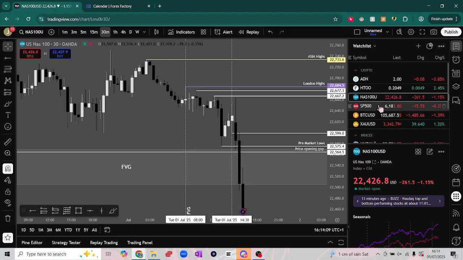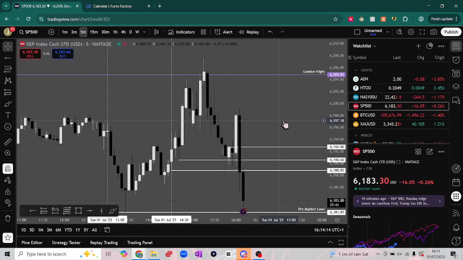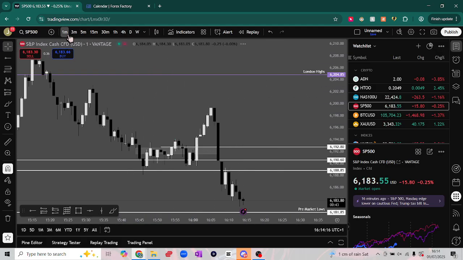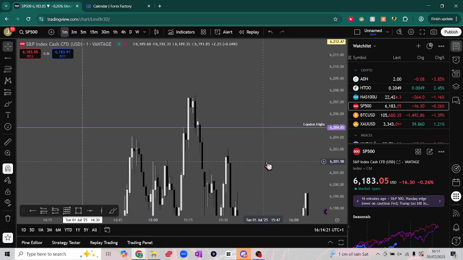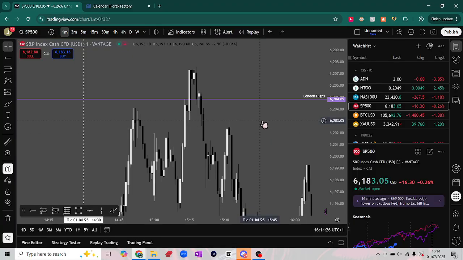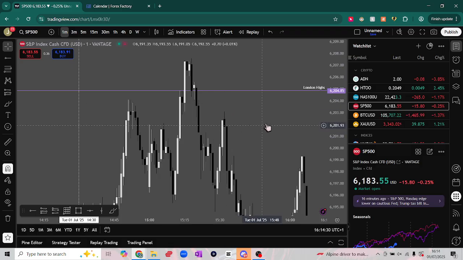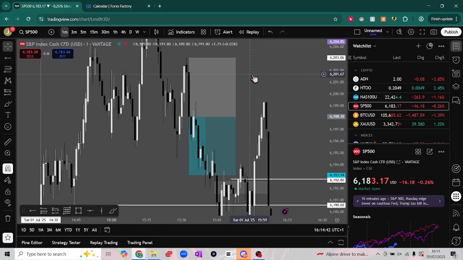But could we have gone against trend? Absolutely. So if we go here, once we took out the London highs, 1 minute breaker structure, and then a continuation of some form. So I can't see anything at the minute, I'm not gonna lie. Here we go. This would have literally been the continuation, because look, 1 minute fair value gap we got there, but you'd have to wait for this, which isn't ideal.